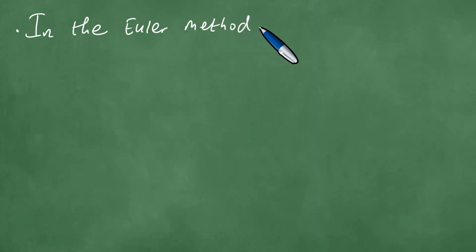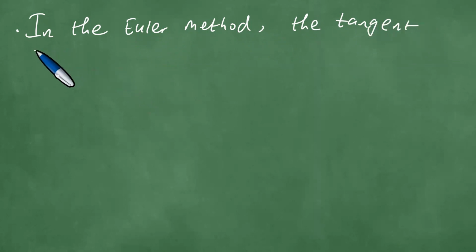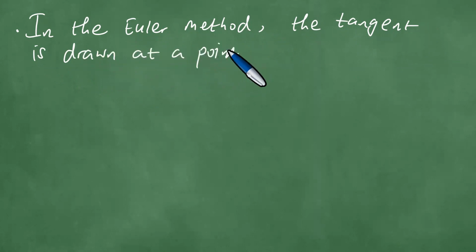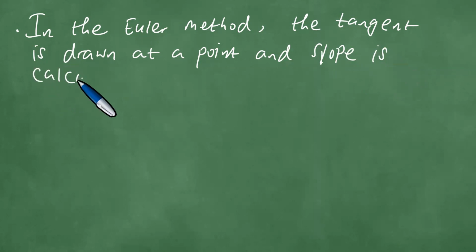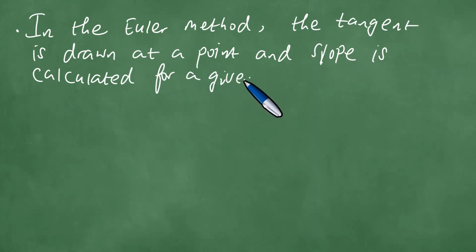In Euler's method, the tangent is drawn at a point and slope is calculated for a given step size.